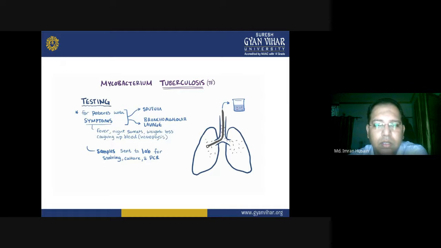The testing is done by sputum or bronchoalveolar lavage. Symptoms include fever, night sweats, weight loss, coughing up blood, and hemoptysis. Samples are sent to the lab for staining, culture and PCR.